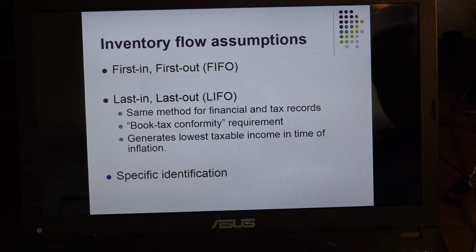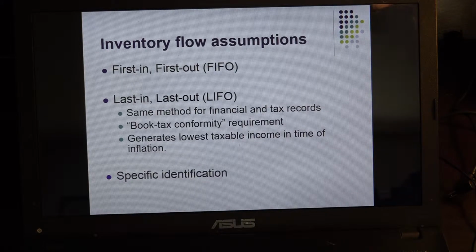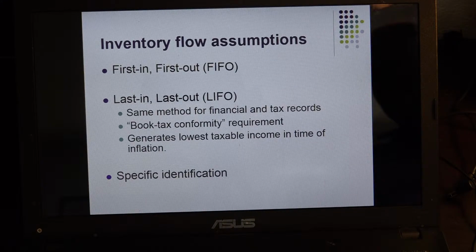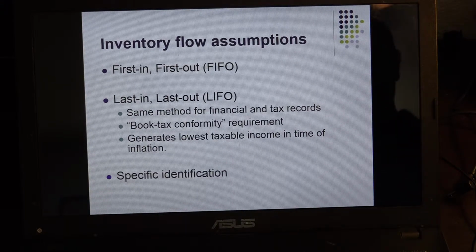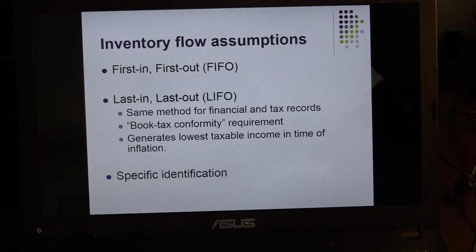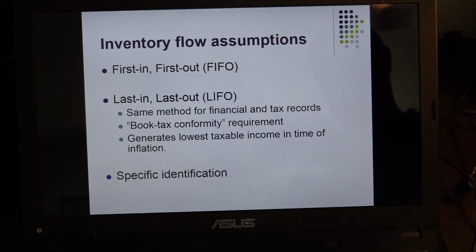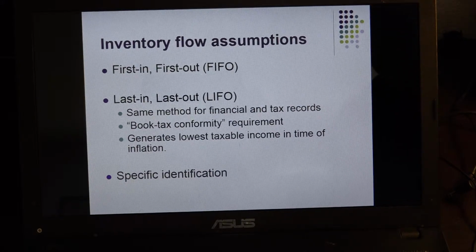And of course, LIFO generates the lowest taxable income in a time of inflation, just like it does with financial accounting. So that's all we'll say on that, because the rest of it is the techniques are just like what you use in financial accounting. The only little added twist is that if you use LIFO, you've got to use LIFO for both financial and tax purposes.